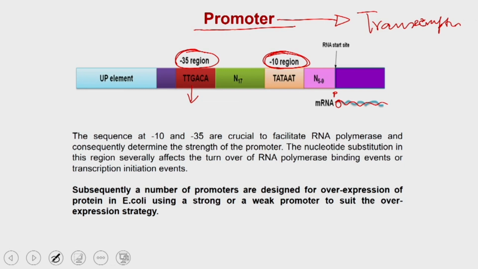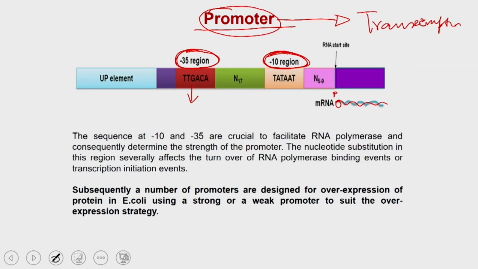If the -35 region as well as the -10 region is very strong in terms of facilitating the binding of transcription factor as well as the binding of RNA polymerase, then this promoter is going to be very strong.